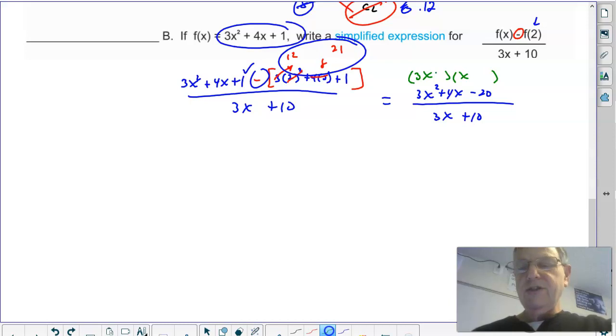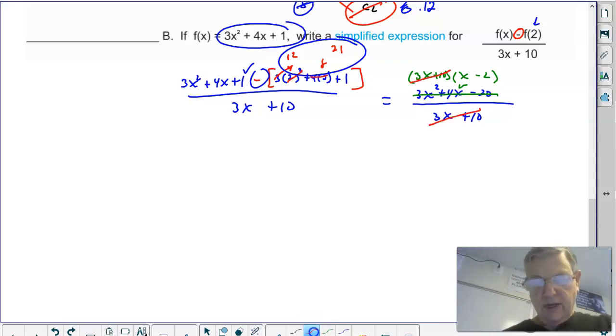And you know what? I'm just going to take a shot and put the 10 there. That means the negative 2 has to go there. What do I get? A negative 6 and a positive 10. Sure enough, gives me that 4x. Tricky. And notice how the 3x plus 10s divide out. Final answer, x minus 2.